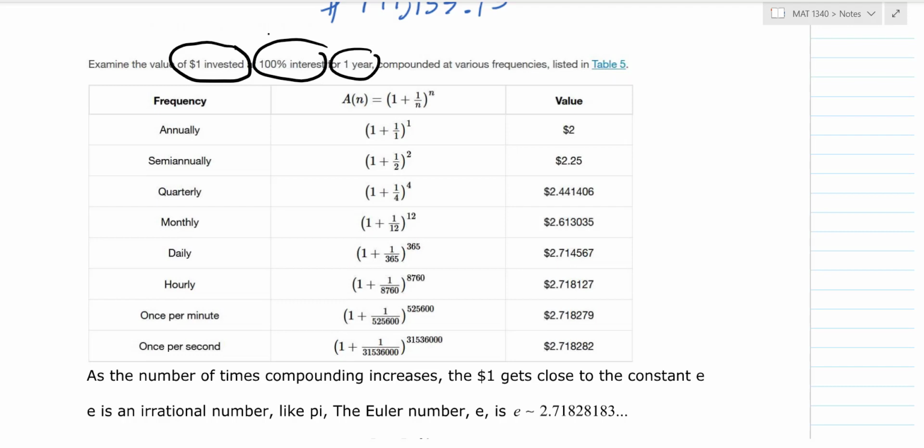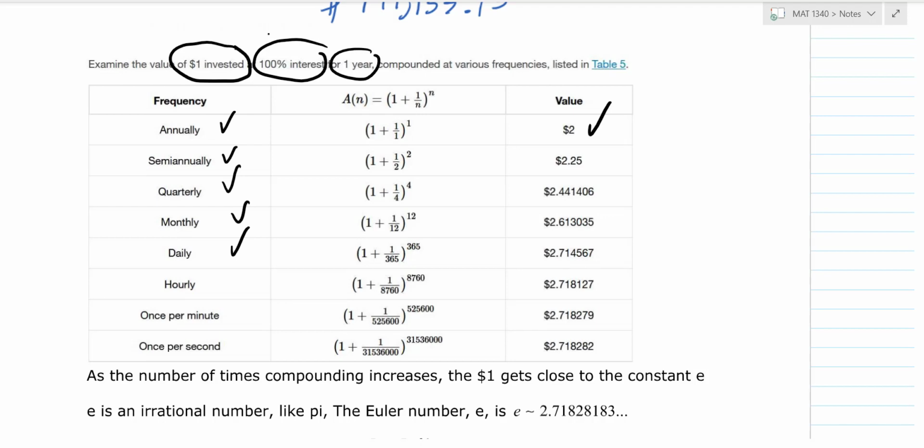This is a good thing to show students. If you compound annually, the $1 becomes $2. And what you're going to see is the more often we compound: semi-annually, quarterly, monthly, daily.